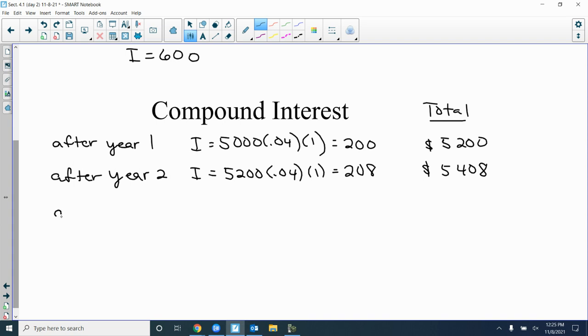So after year 3, my interest will be 5,408 times 0.04 times 1. Again, 1 year between the time we last took the interest. Anytime you're dealing with money, round to the nearest cent.